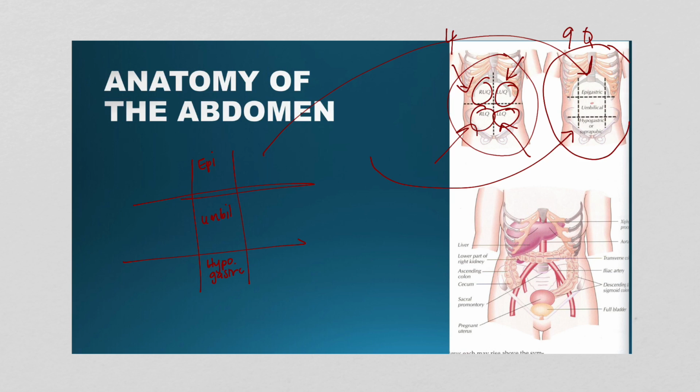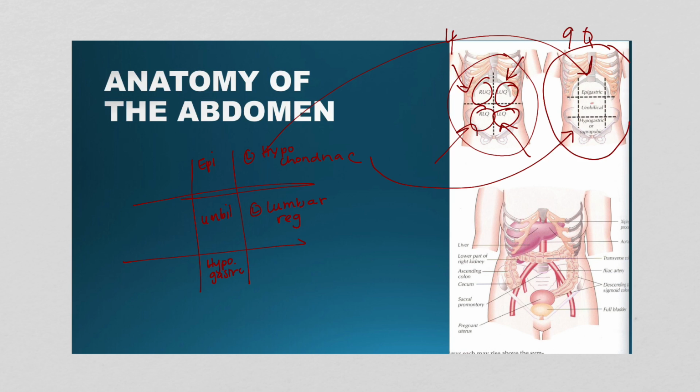But I still also wanted you to know the other regions that exist within the nine gastric regions. So to the patient's left would be the left hypochondriac region. In the center would be the left lumbar region. Why do you think that is?